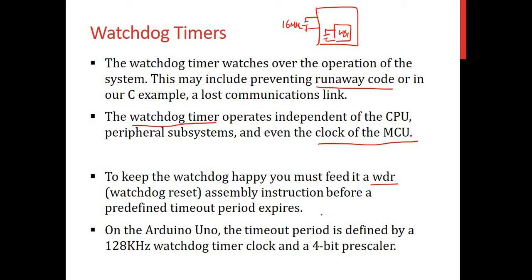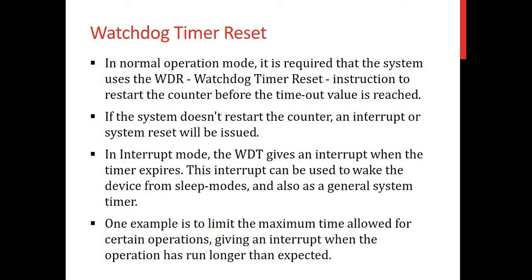On the Arduino Uno, this separate clock is running at 128 kilohertz, and it has a 4-bit prescaler to decide the frequency at which the counter is decrementing. What I need to do is issue a watchdog timer reset instruction before I reach the count of 0.